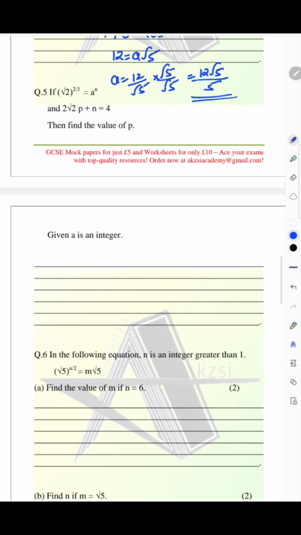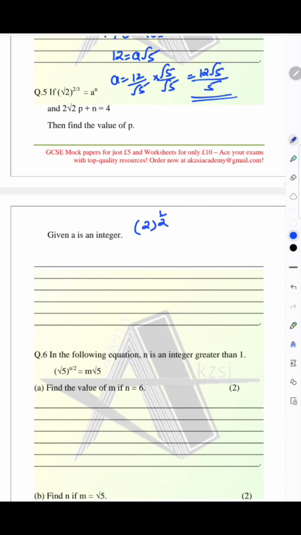If root 2 whole to the power of 2 over 3 is equal to a to the power of n, and 2 root 2 p plus n is equal to 4, then find the value of p, given a is an integer. The first thing is, it's mentioned that a is an integer. So what I'm doing, 2 can be written as 1 over 2.